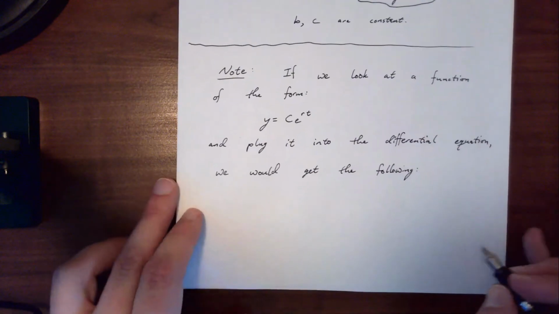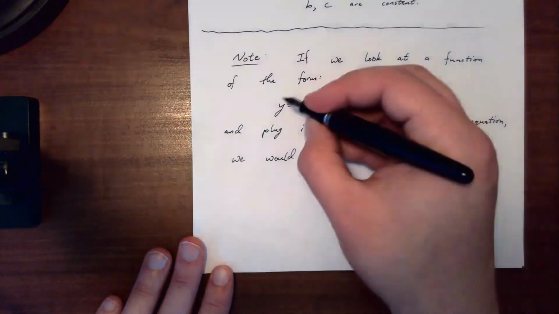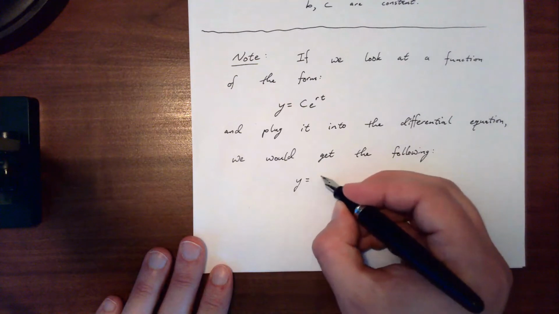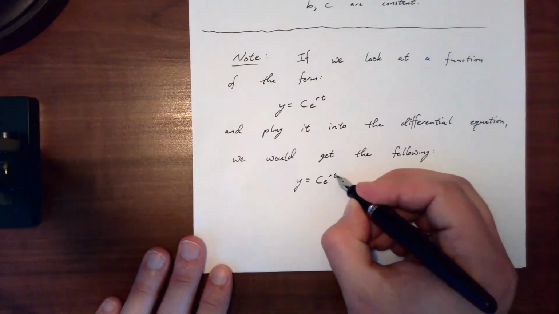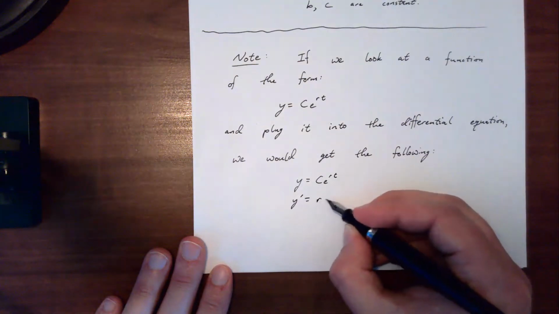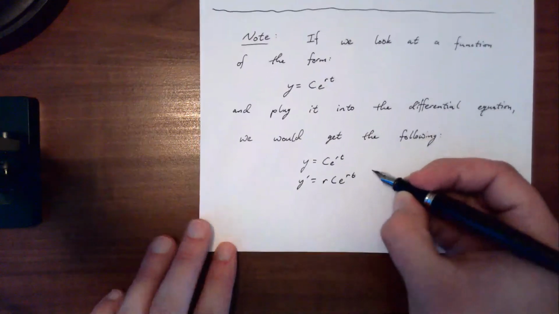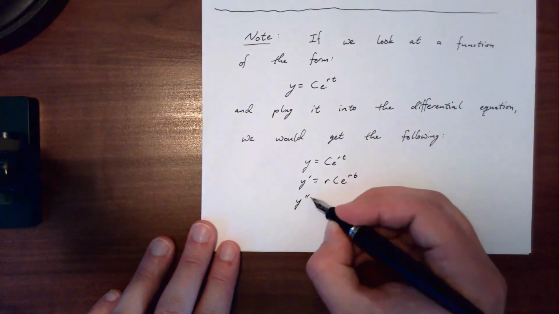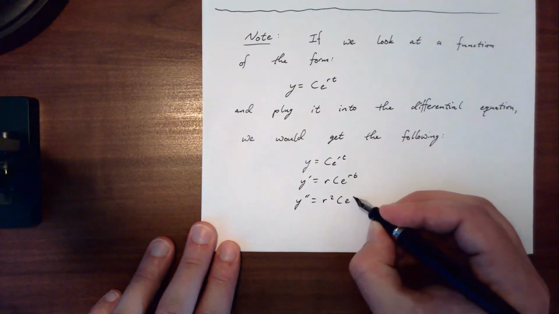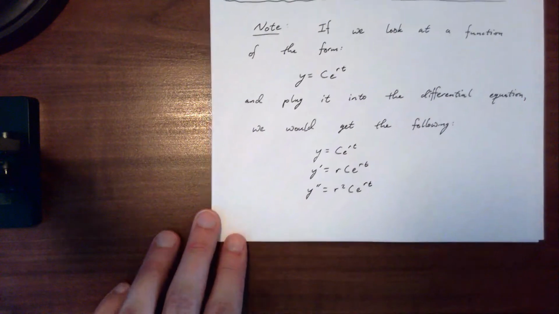Alright, so if I want to plug it into the equation, I would have to take the derivatives of y, so y equals c e to the rt. Y prime would equal r c e to the rt. Y double prime would equal r squared c e to the rt. It would just be a matter of multiplying these out.